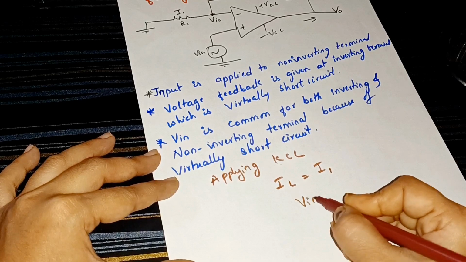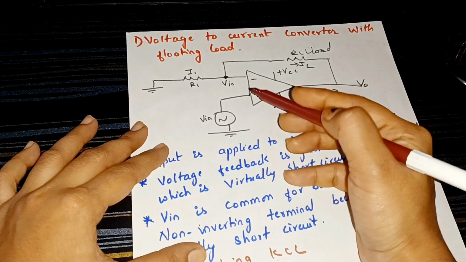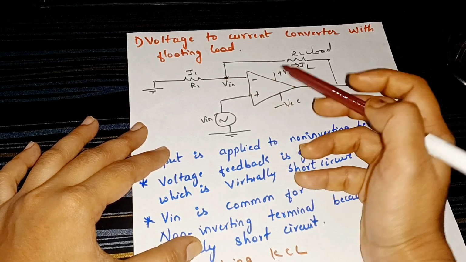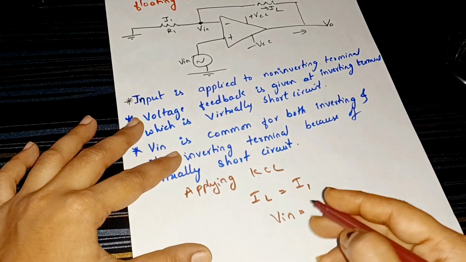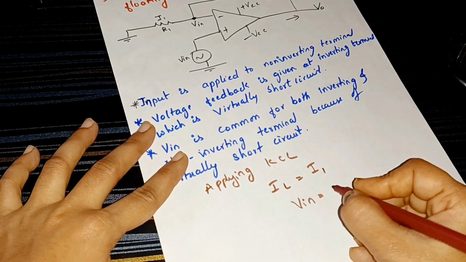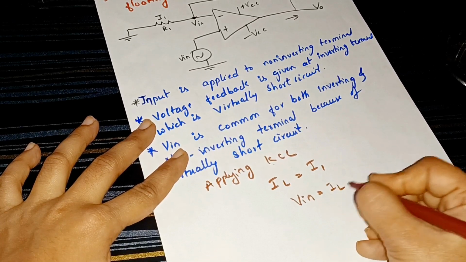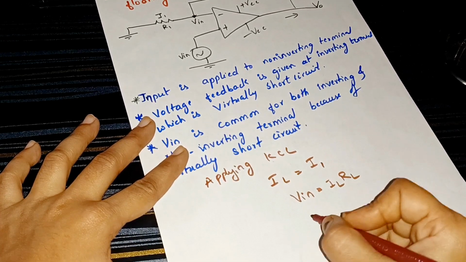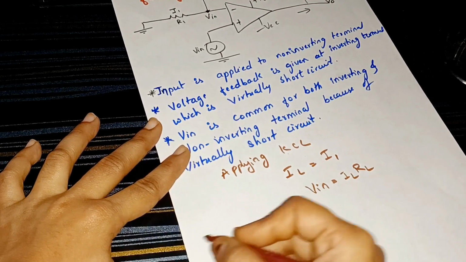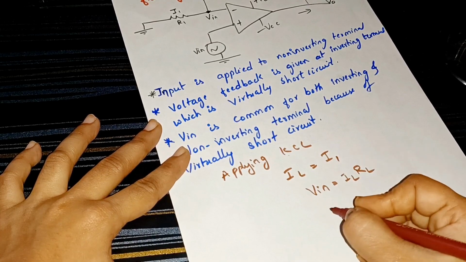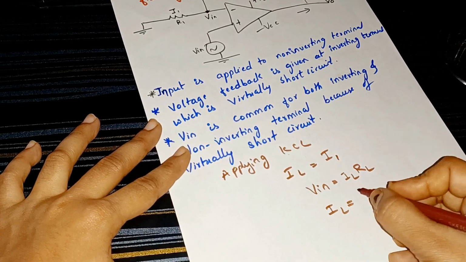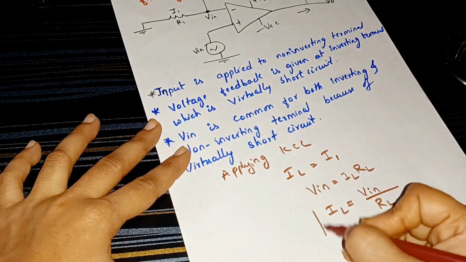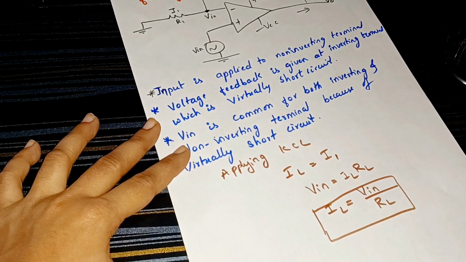Since the inverting terminal equals the non-inverting terminal, Vin is the current flowing at the load times the load resistance. So IL equals Vin divided by RL. This is our conversion of voltage to current.